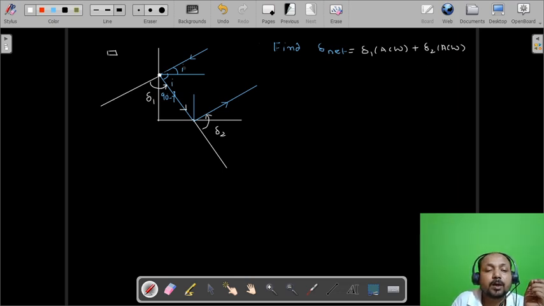If this is incidence angle I, and this is del 1, then del 1 will be pi minus 2I. Now for this, what will be the value of this one?